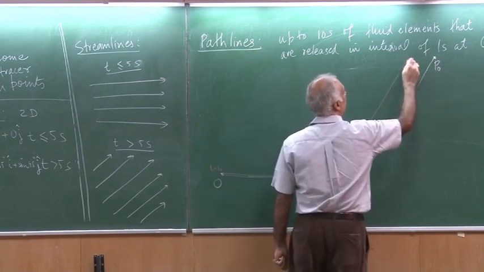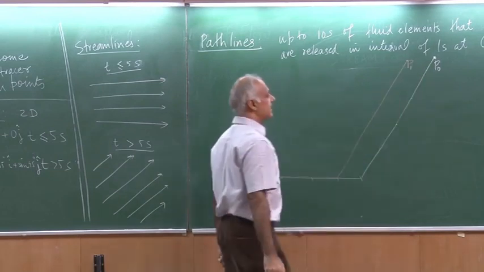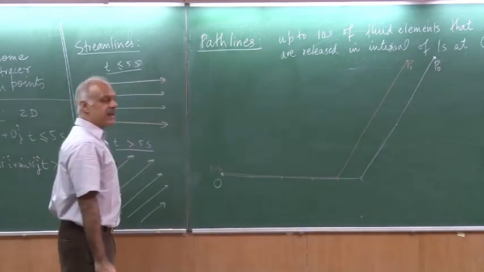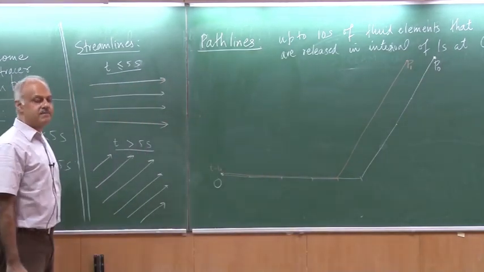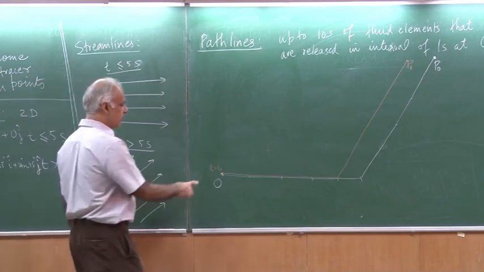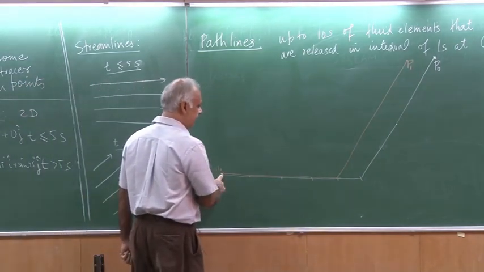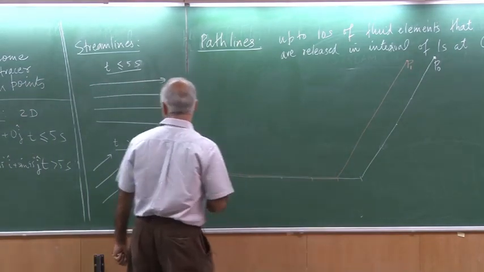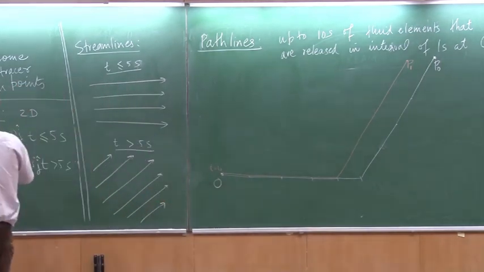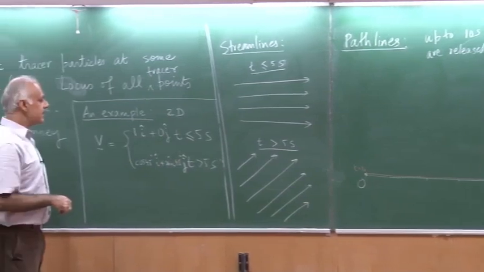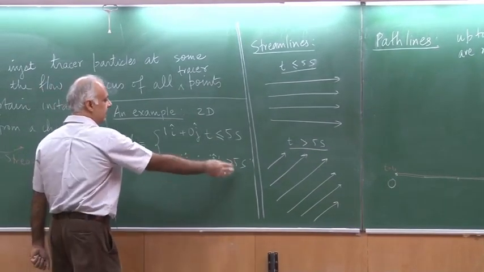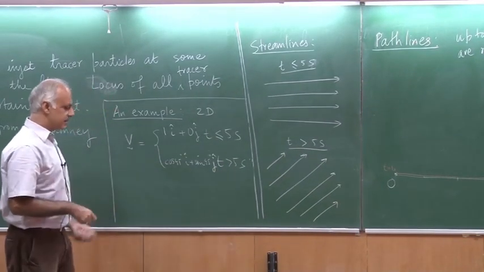So this is the particle released at t equal to 1 second. You can see that it had less time to go with the velocity field specified in the first interval, but it gets a full 5 seconds to go with this velocity.